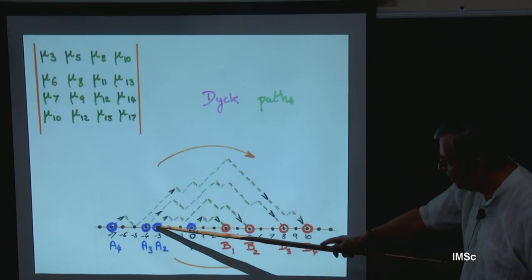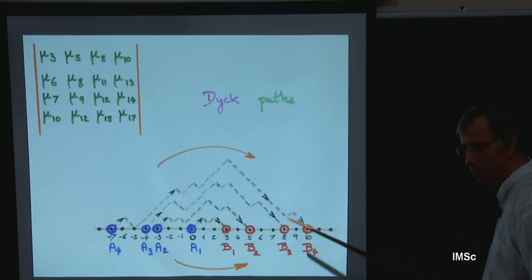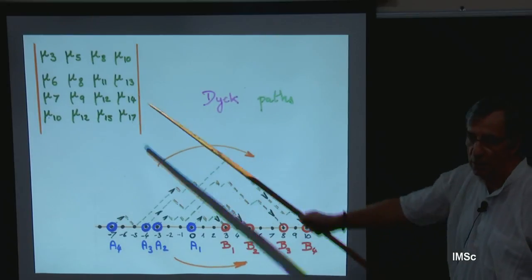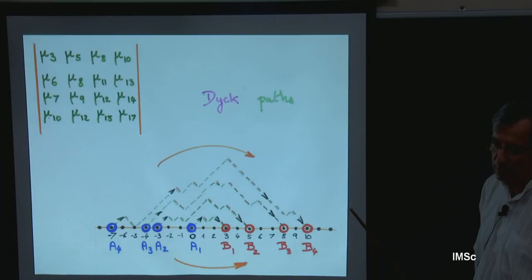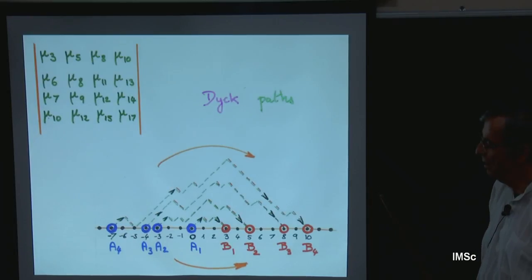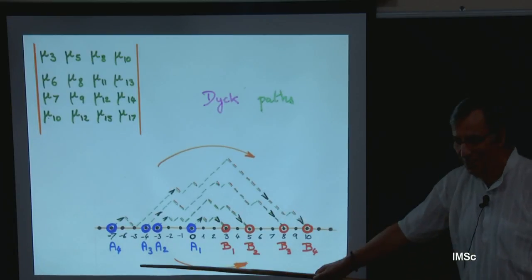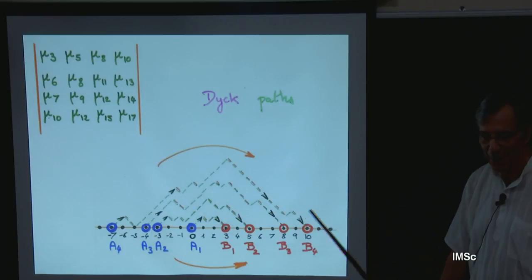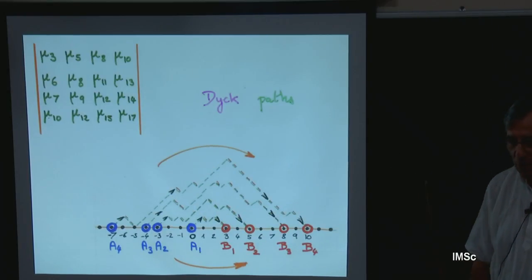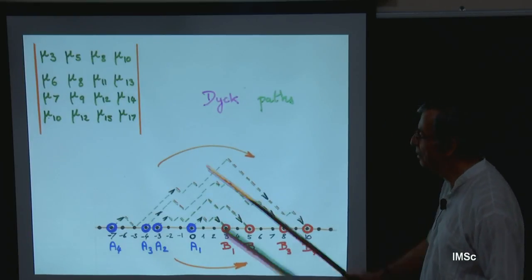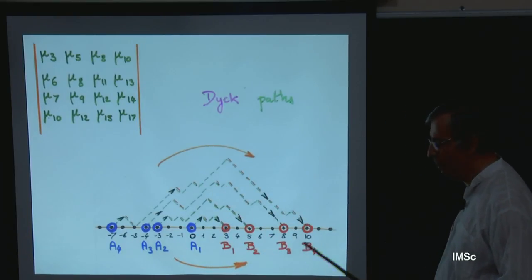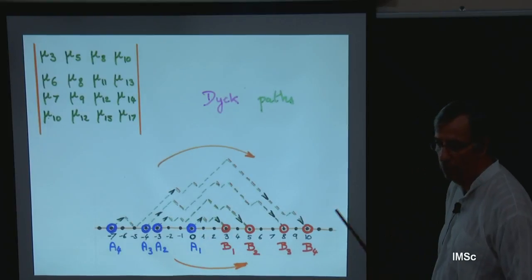So if I take any Ai going to Bj, this gives me mu index i plus j. Just check by yourself that taking a minor of such a matrix, as soon as mu n is the sum of the weight of all Dyck paths of length 2n, I get exactly the determinant interpreted by the sum of the weight of all such configurations.